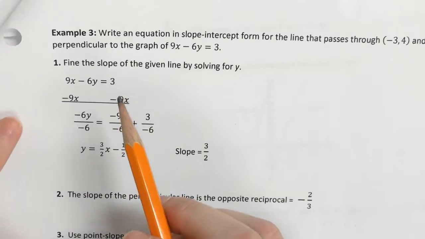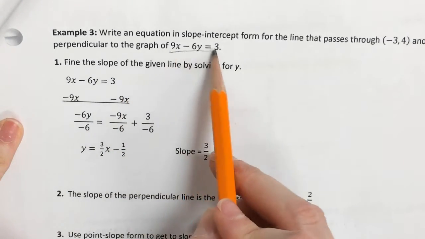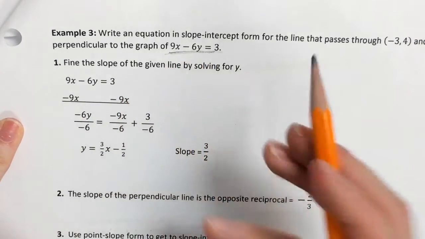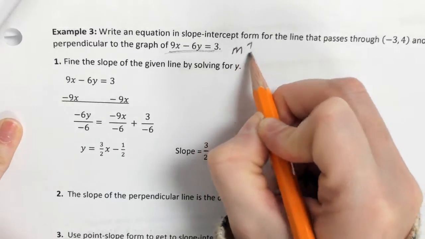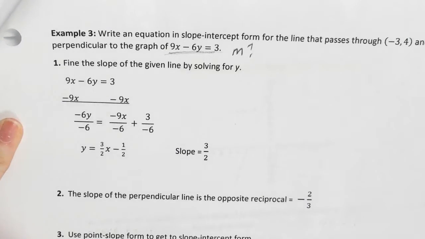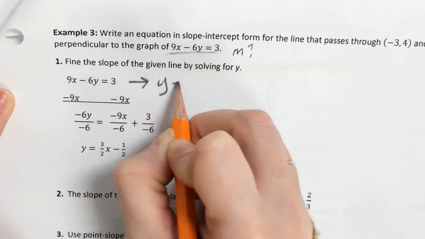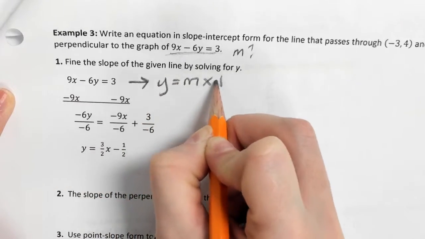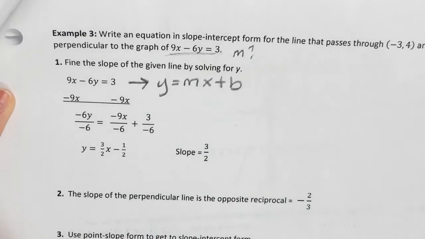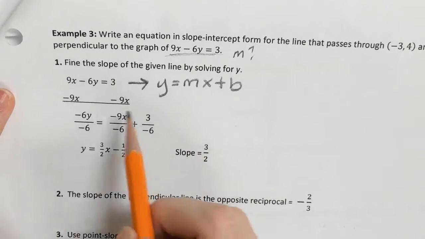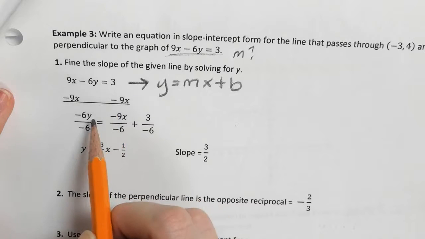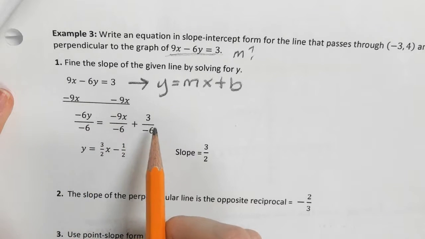The very first thing you've got to do is look at this equation right here and figure out what is the slope, what is m. So to do that, you're going to need to get this equation in slope-intercept form. So this is already done for you. We subtract 9x and then divide by negative 6.